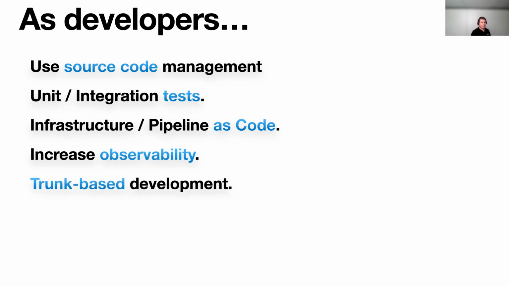Another thing that you can do is trunk-based development, which means don't do feature branch development. Why is that bad? The trade-off with branch development is that at the end, when you are ready with your feature in your branch, you have to merge everything to the main branch.